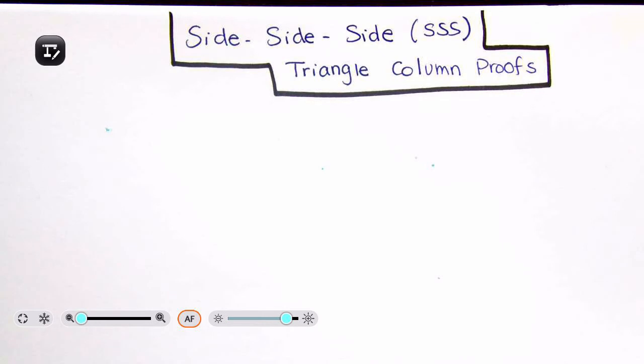Before we begin with our examples, I want you to head over to the column proofs for triangle congruency video. I will link that down below. If you have not seen that video, I highly recommend it. It goes over every single step you need to take in order to be successful at writing a column proof.